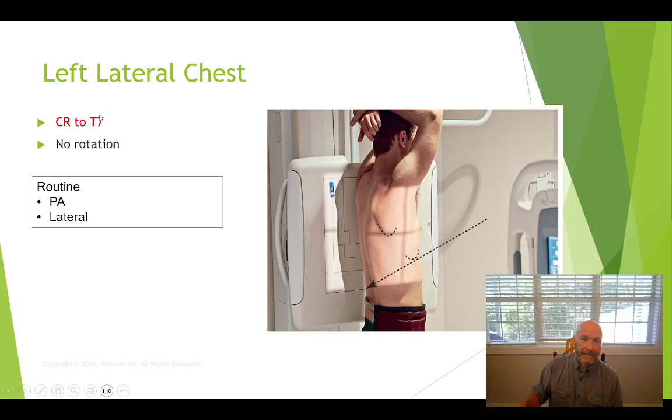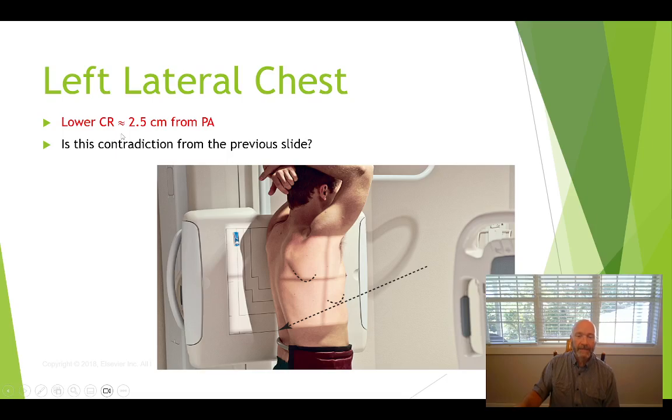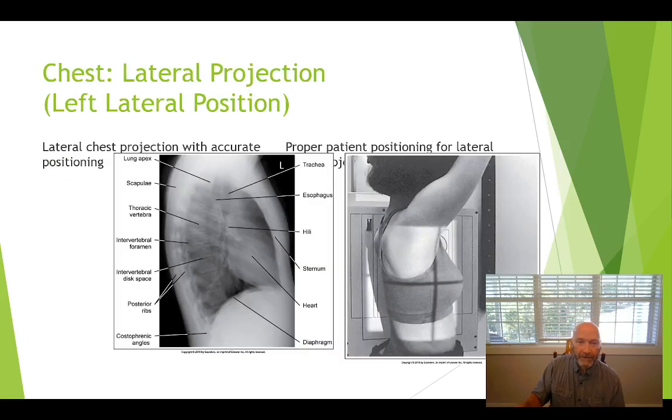So your central ray T7, I'll put this in red for a reason, and that is because on the next one, it seems to contradict what it just said. So it says lower the central ray 2.5 centimeters from the PA. And so I would refer you back to what I was talking about before, and that is because you just don't see the apex of the lung quite as well as what you do on the PA because of the humerus.